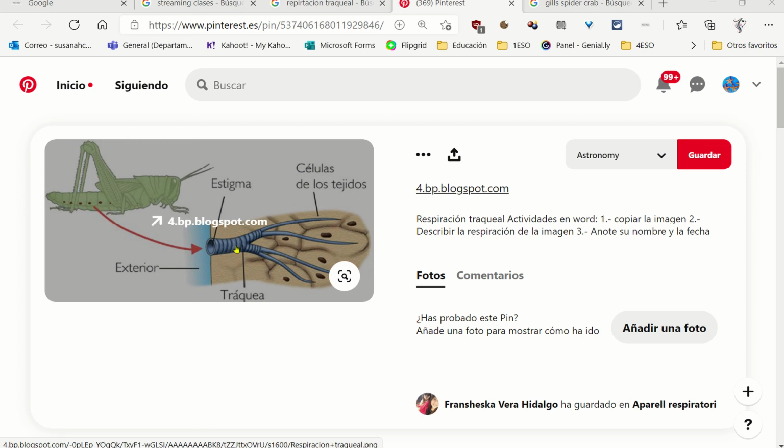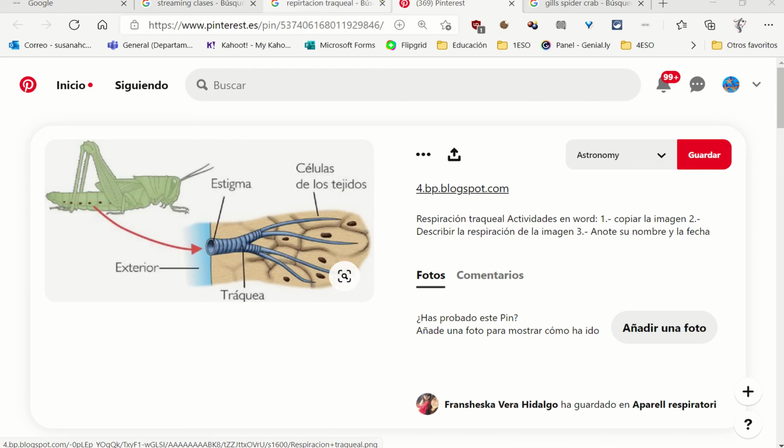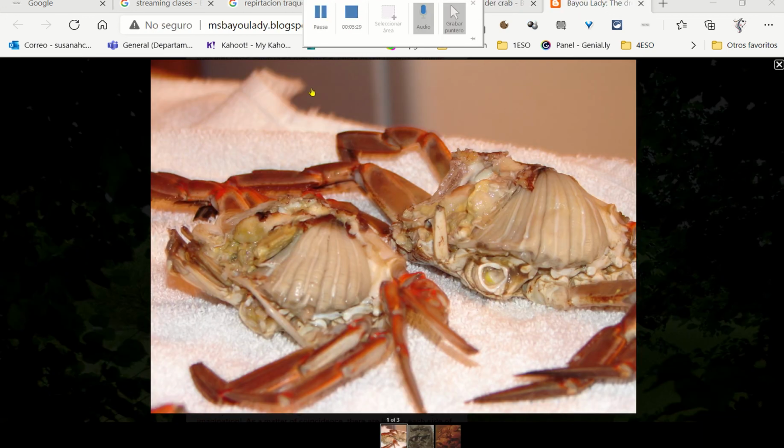So the respiratory system is called tracheal tubes. In marine animals, they use gills. This is a spider crab, centollo, and these white things are the gills.